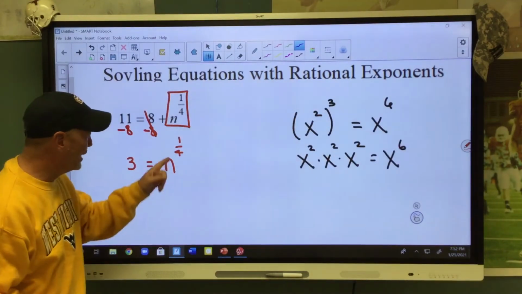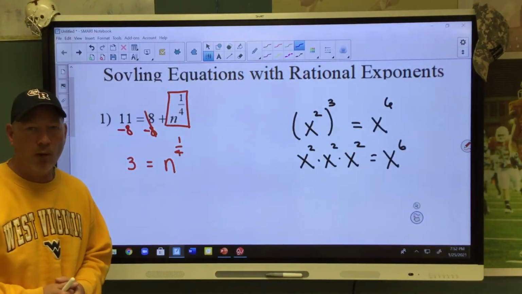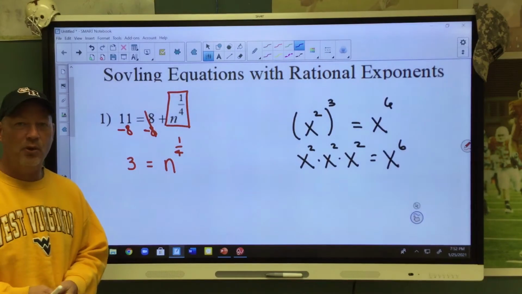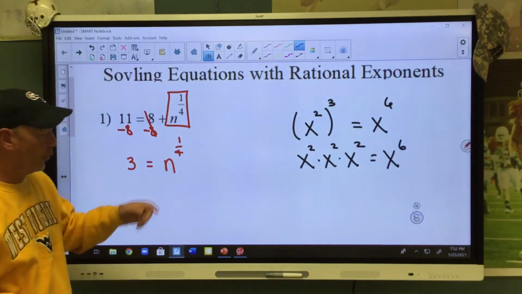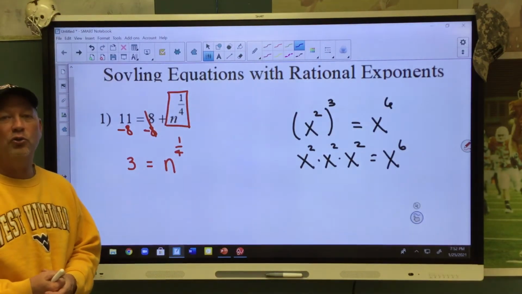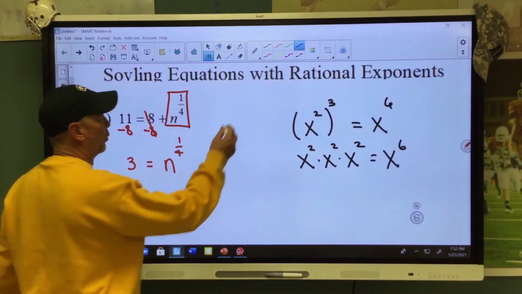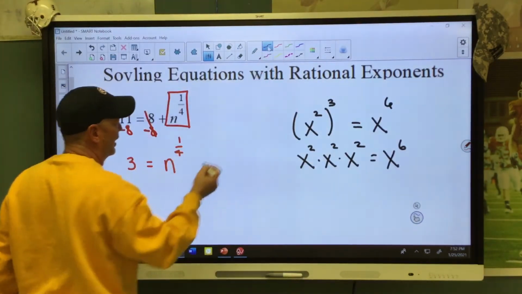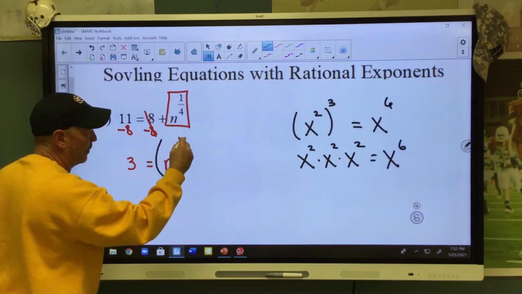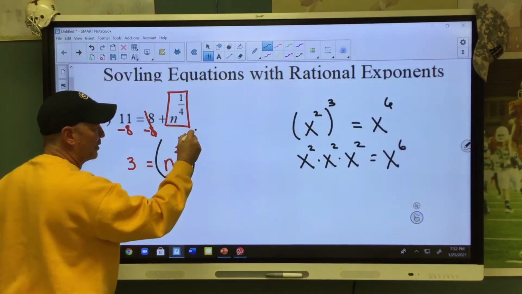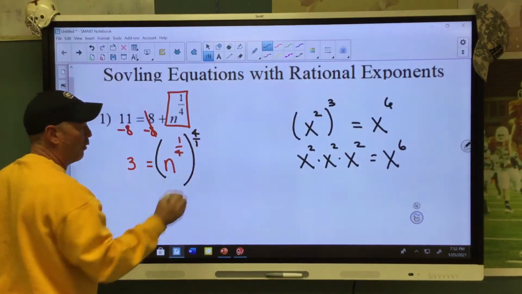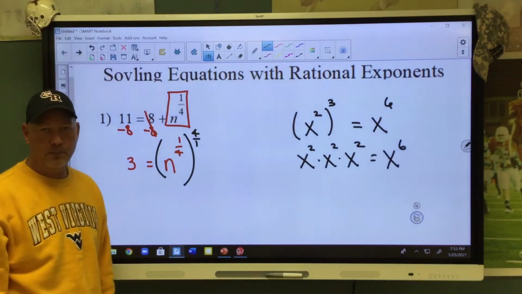Now what we need to do is make that exponent go away. To make that exponent go away, we're going to raise the power to the reciprocal. In this case, the reciprocal would be 4 or 4 over 1.